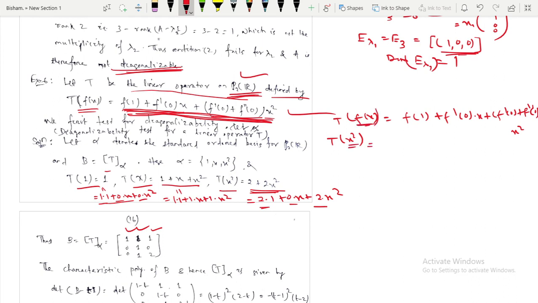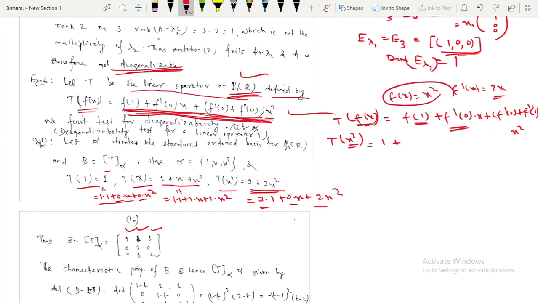So what will be your f(1)? If your f(x) is x square, your f(1) will be 1. Then f'(x) is 2x, and f'(0) will be 2 into 0, so this will be 0 into x.